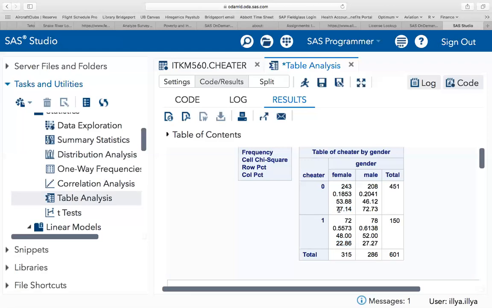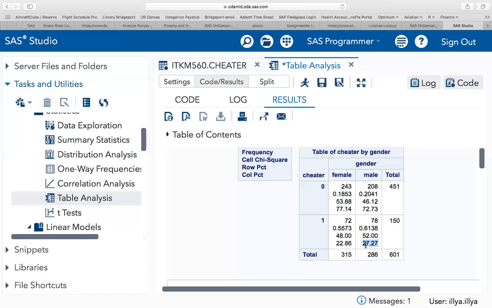So 22.86% of females cheat. 27.27% of males cheat. Who has a higher proportion of cheaters? Huh? Males. Okay?